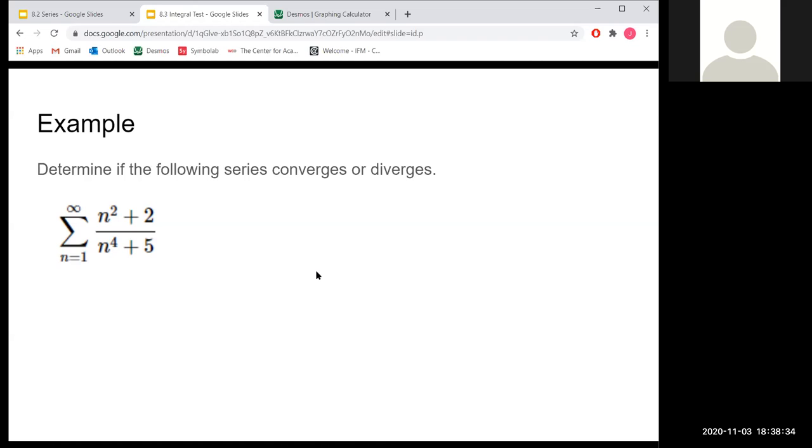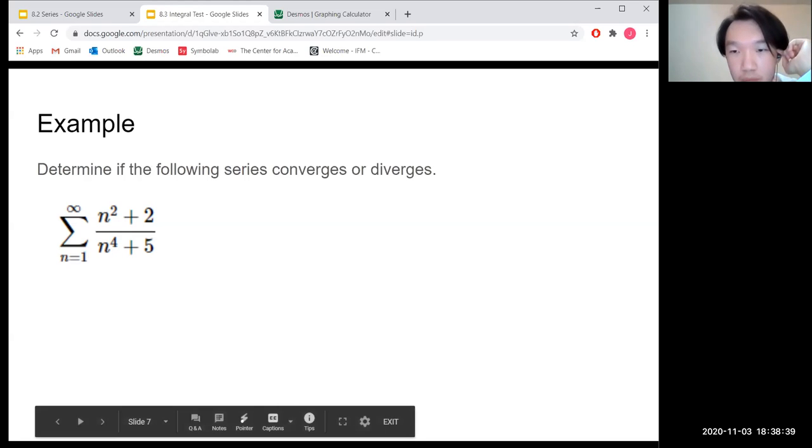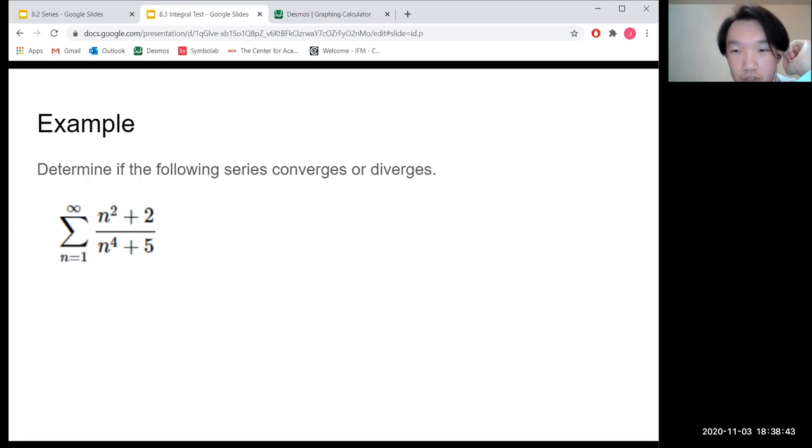Yeah, kind of. Okay. Let me see what other people are saying. Converge, diverge, diverge, converge. The denominator exponent is greater than the numerator. All right, let's see.